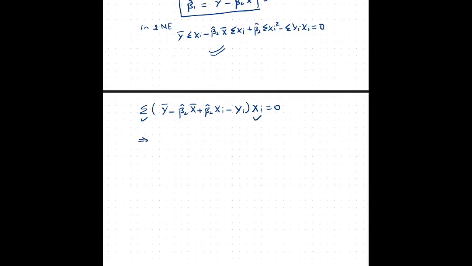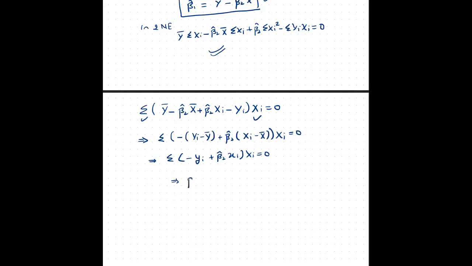So this implies we have summation of minus of yi minus y bar, plus beta 2 hat into xi minus x bar, into xi equals 0. So this implies we have summation of minus small yi plus beta 2 hat small xi, into xi, equals 0.